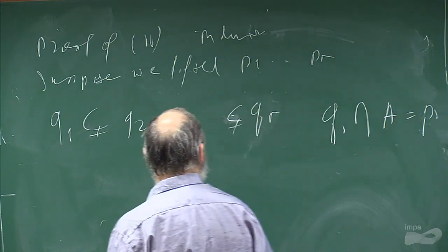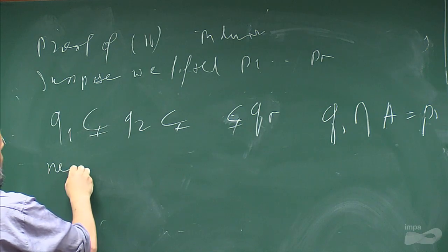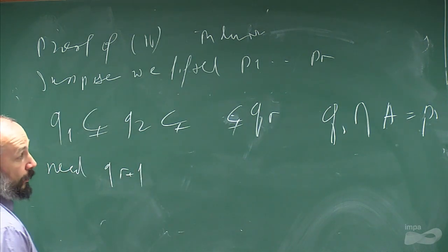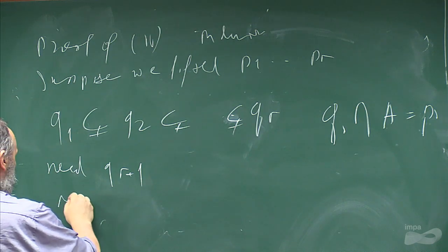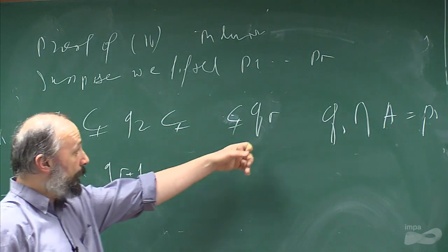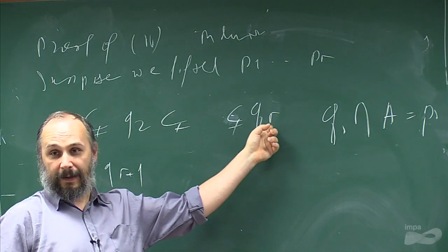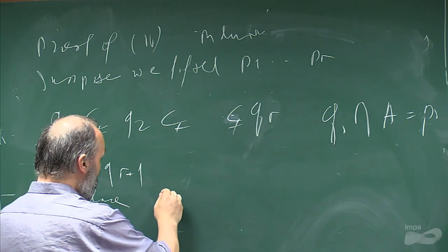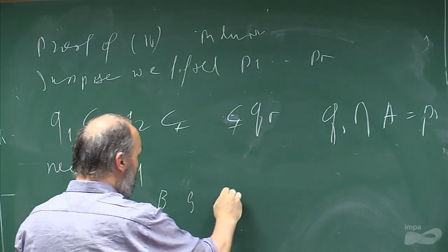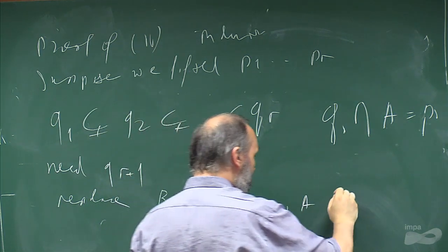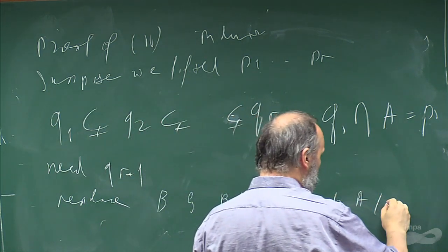And we need to find Qr plus 1. First, we can take a quotient. The prime ideals contained in Qr are the same as prime ideals in the quotient by Qr, so we can replace B by B quotient by Qr, and A by A quotient by Pr.